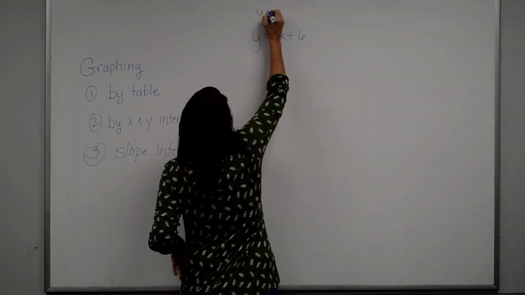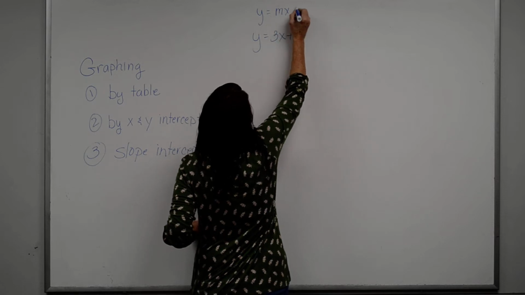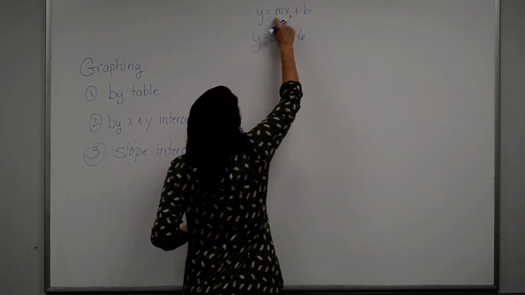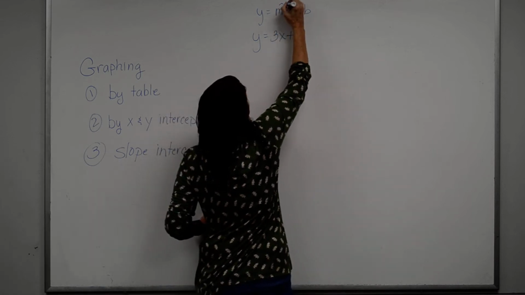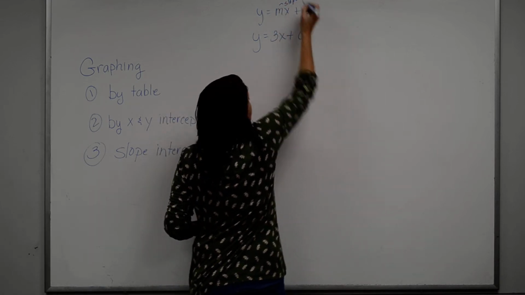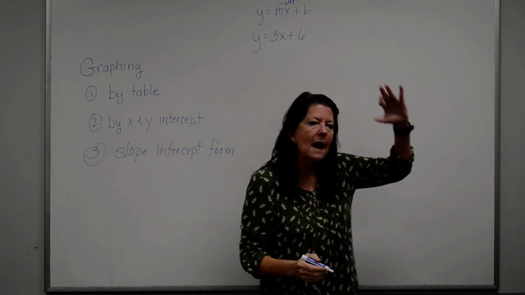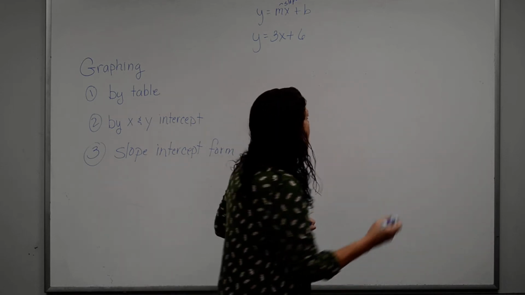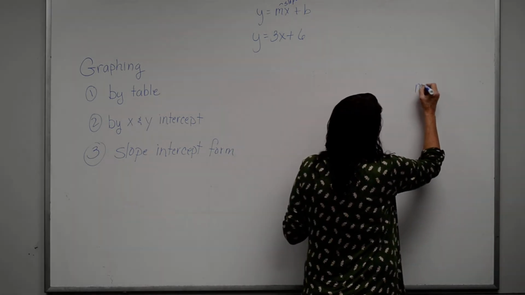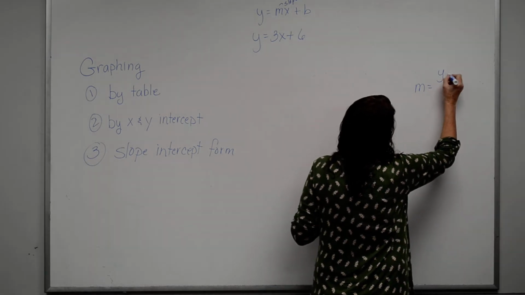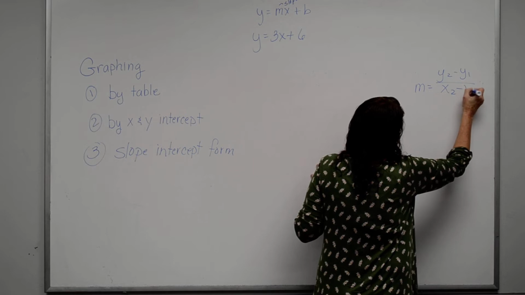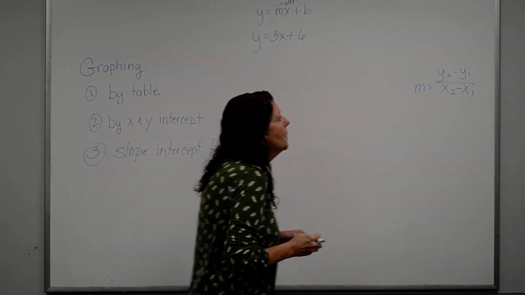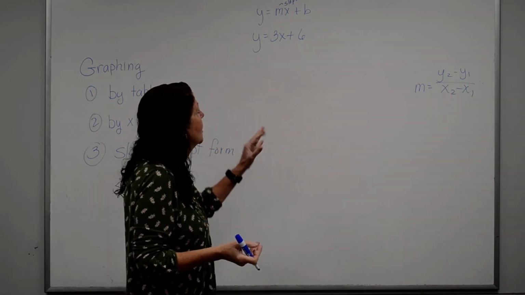We've already talked about the first part of slope-intercept form, the mx. The m is always your slope. Now remember, slope is rise over run. We figured out how to find the slope by that method. But sometimes they already give you the slope.